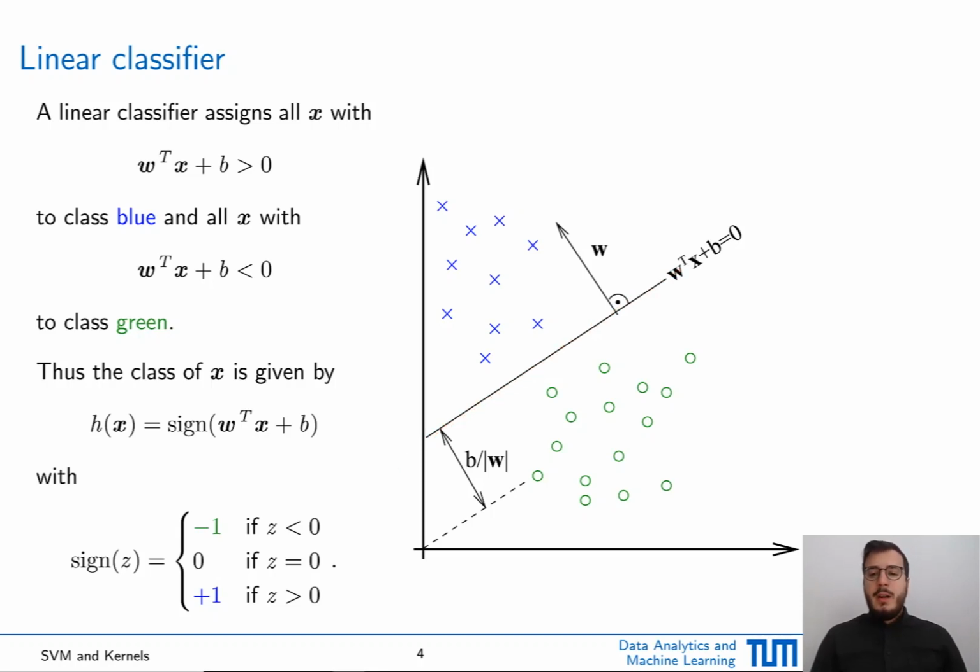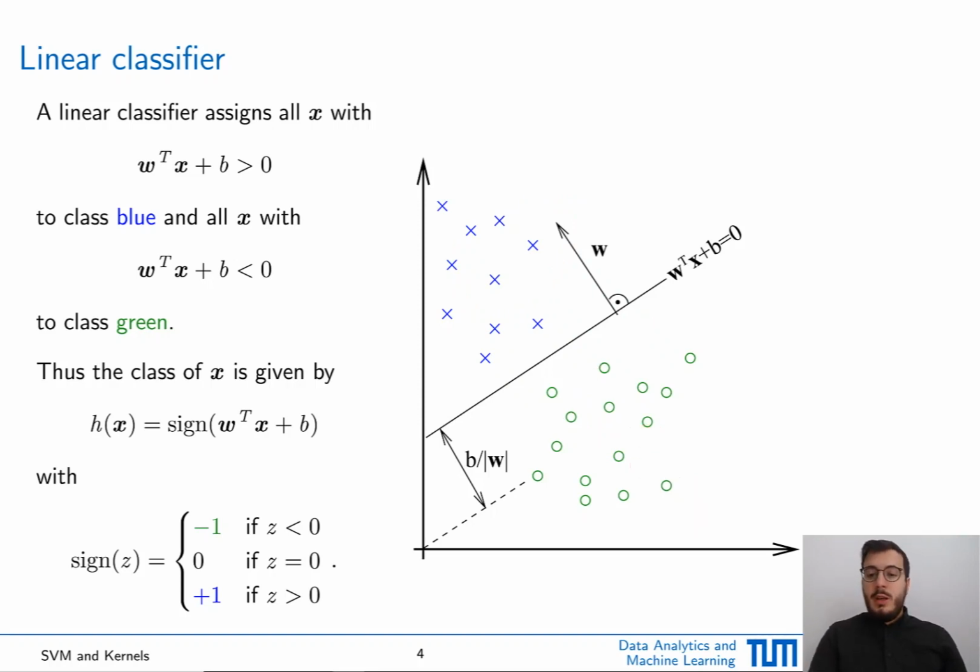The way to think about it is that the normal vector W tells us about the rotation of the hyperplane. So as we change the W vector, we change the rotation of the hyperplane, and the bias term moves the hyperplane up and down. And then if we specify these two values, we have specified our hyperplane, which means we have also specified our classifier, because all of the points above it are class 1, and all the points below it are class -1.